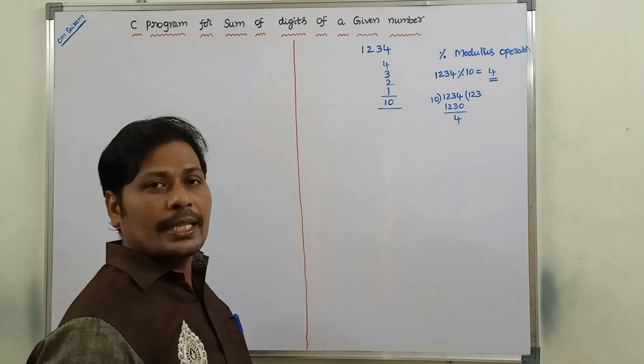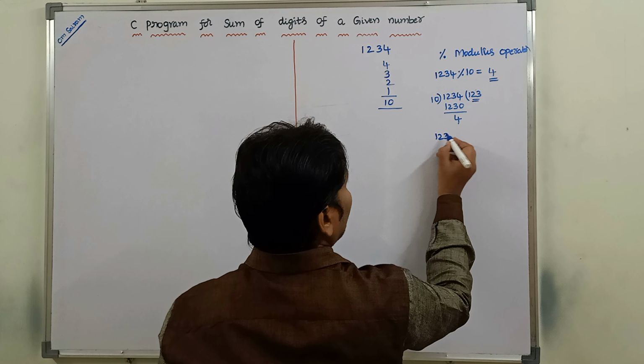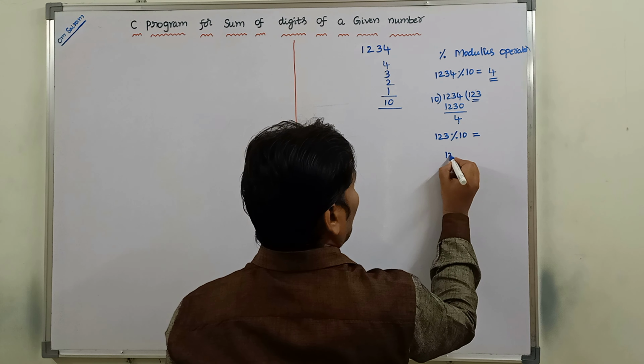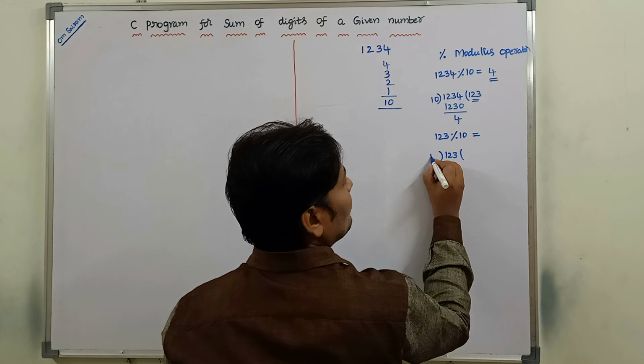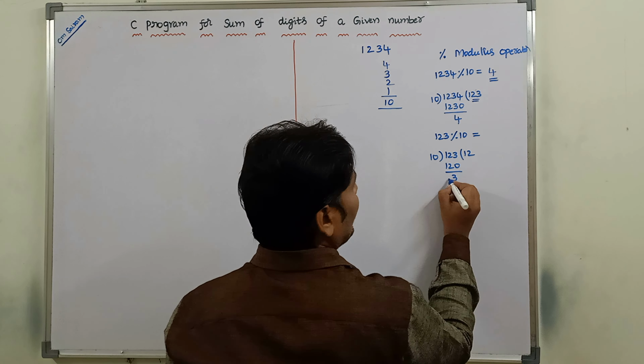Next, I take the number 123. 123 modulus 10: 123 is divided by 10, and we get the remainder 3.